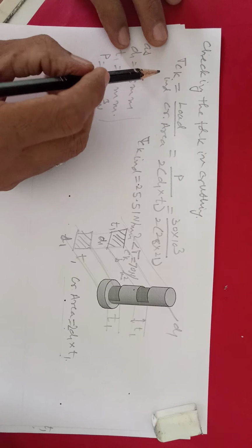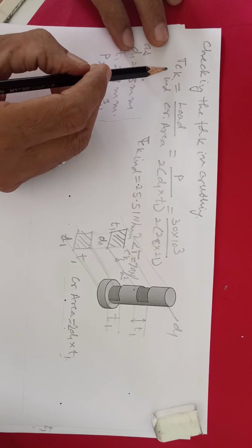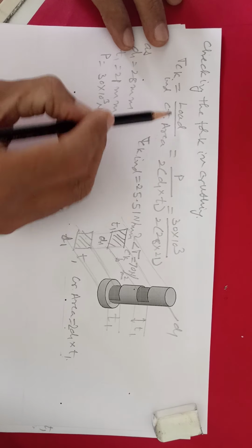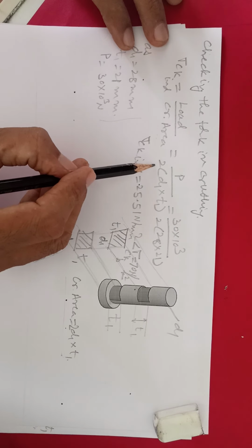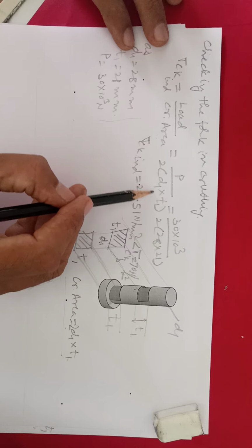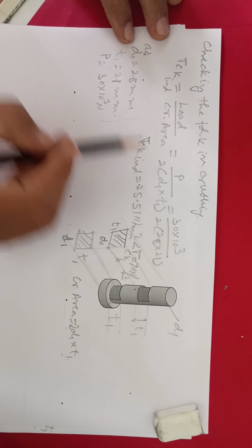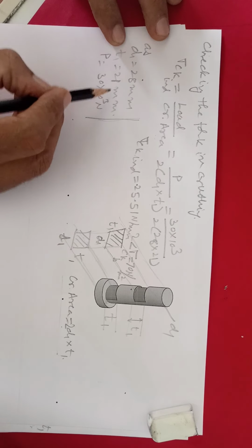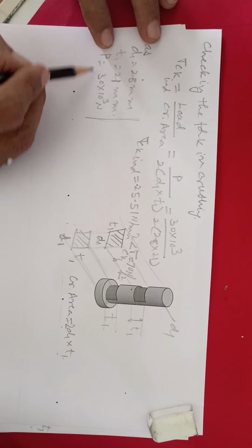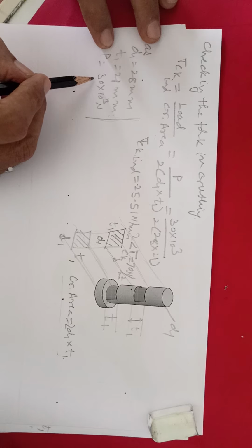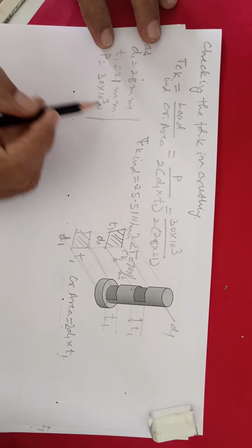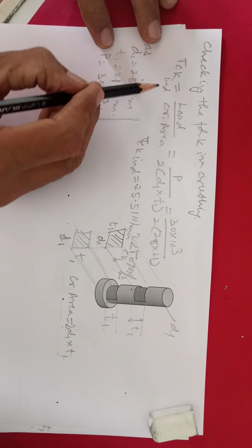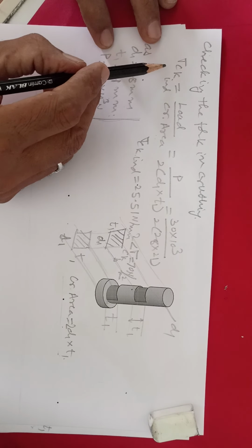So the strength equation for sigma crushing induced is given by load upon crushing area. Load is P and crushing area is equal to 2 in the bracket d1 into t1. Putting the value of d1 equal to 28 millimeter, t1 equal to 21 millimeter, and load equal to 30 kilonewton, that is 30 into 10 raised to 3 newton, calculated empirically, we calculate the value of sigma crushing induced.